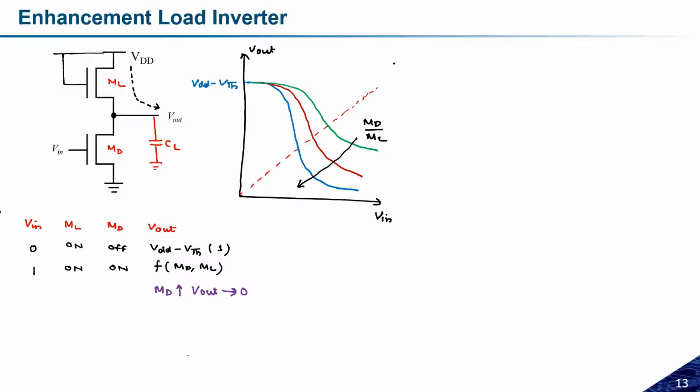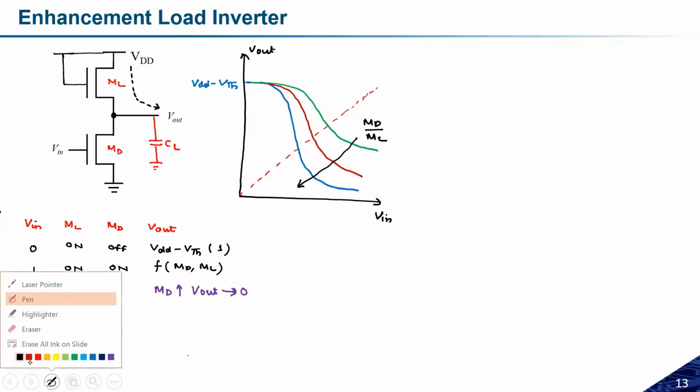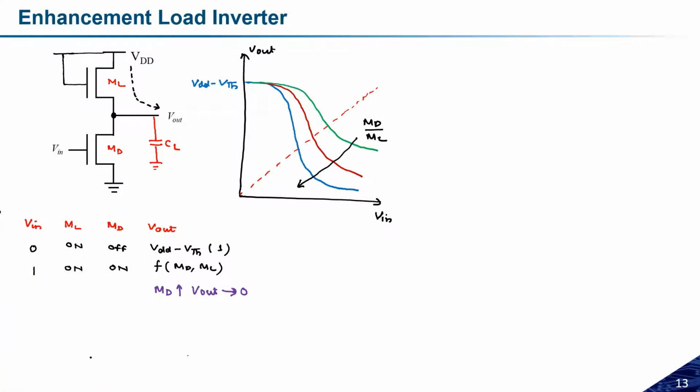Now let us talk about how the equivalent circuit will look. If V in is equal to 0, the equivalent circuit is something like this, and this is what we will observe at the output.